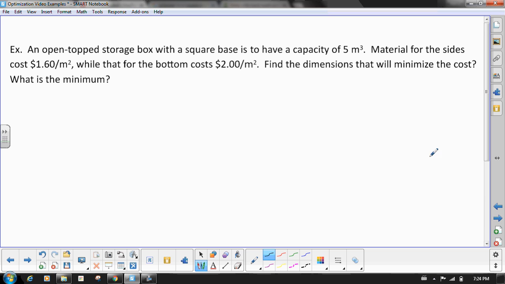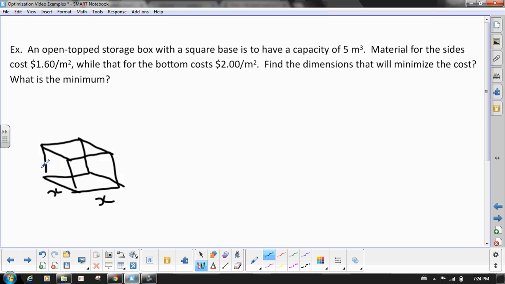So it's similar to one we've done before. We have an open top storage box with a square base. So I'm just going to do a quick little sketch of a prism. And I know that the sides of my base have the same dimension, and I'm going to call the height h.